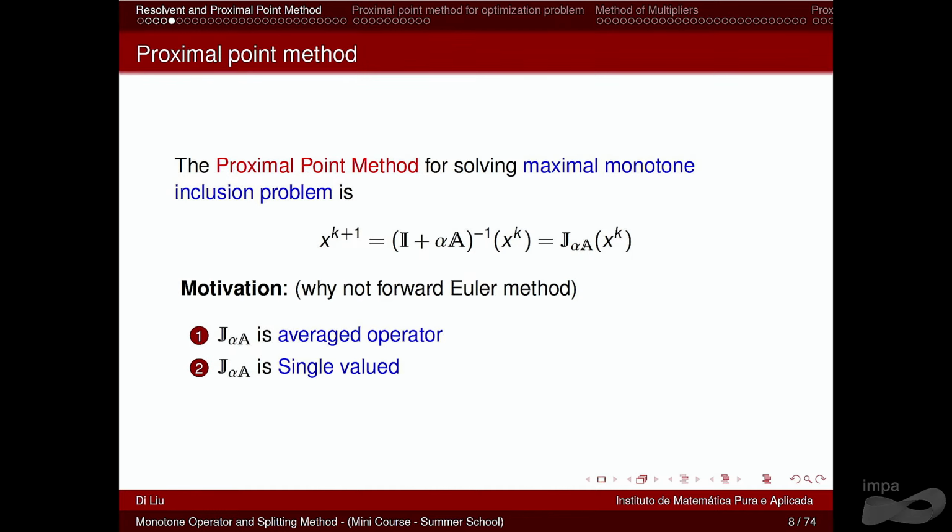The first is that the resolvent is an averaged operator. Since it is firmly non-expansive, it's actually 1/2-averaged. And then we can see that the resolvent is single valued, which means the algorithm is well defined.